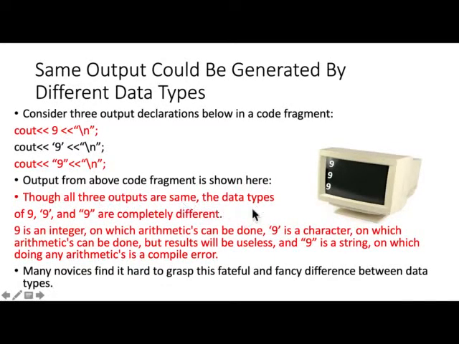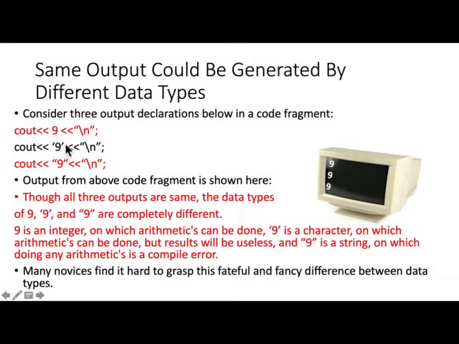Though all three outputs are the same, the data types of 9, quote 9 quote, and double quote 9 double quote are completely different. 9 is an integer on which arithmetic can be done.